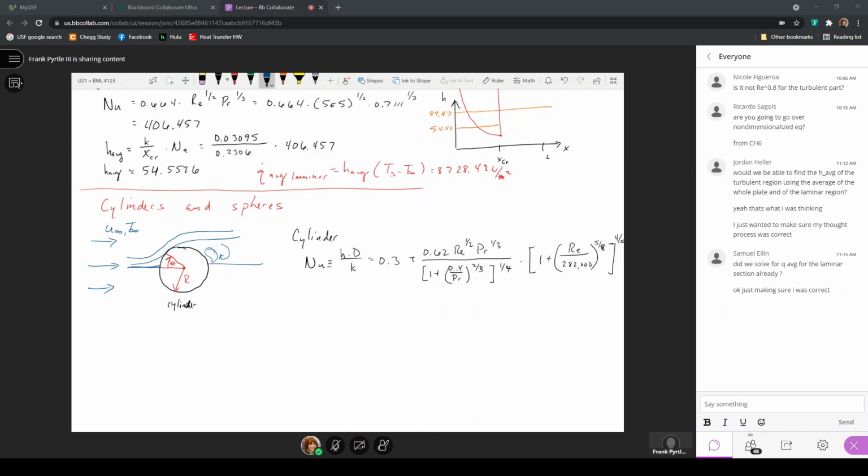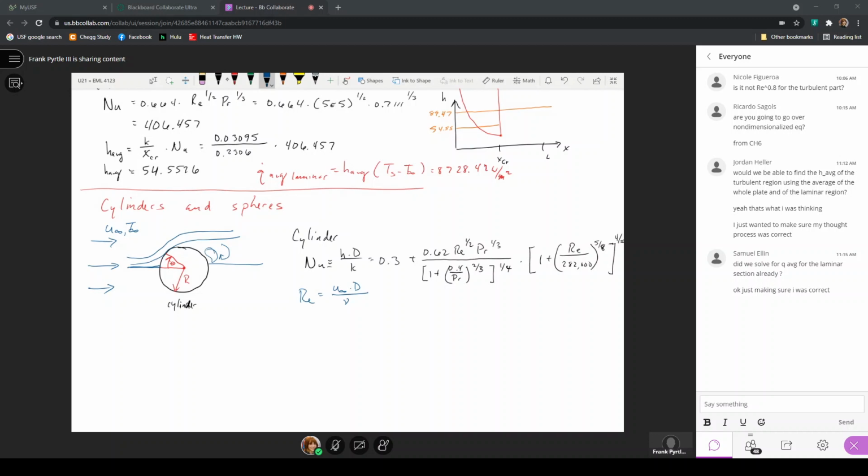So we have one expression that embodies both laminar and turbulent flow conditions for this cylinder. But still, you're going to use the Reynolds number, which is defined as the free stream velocity times the diameter divided by the kinematic viscosity. So that length in the numerator is just the diameter.